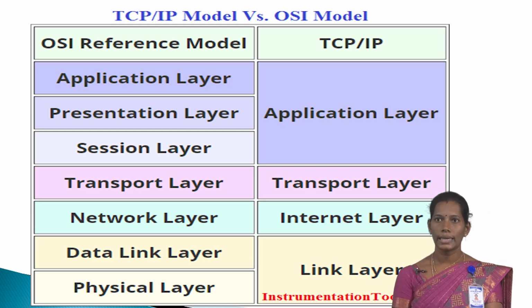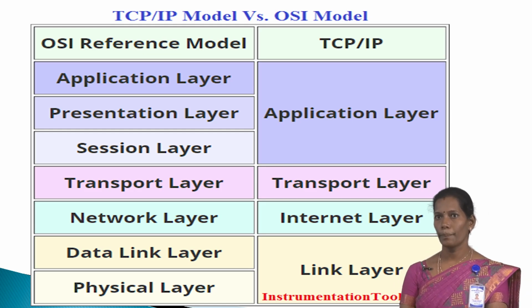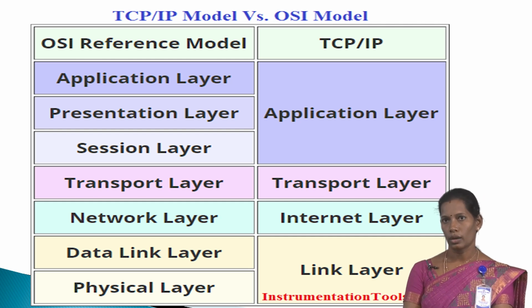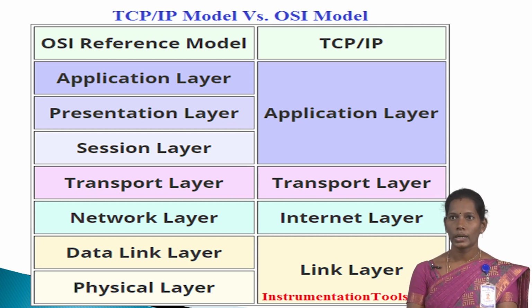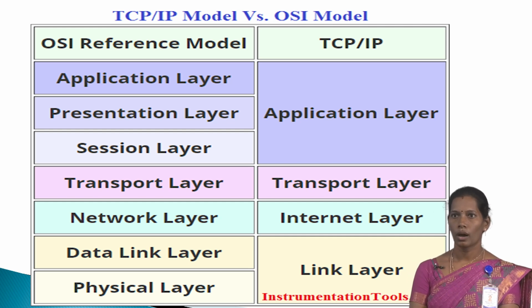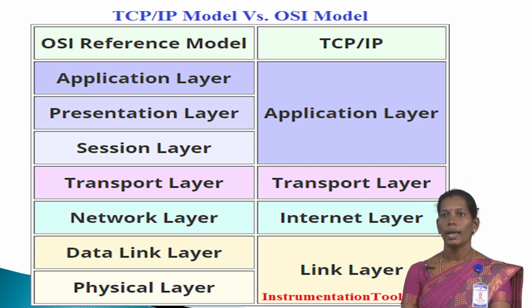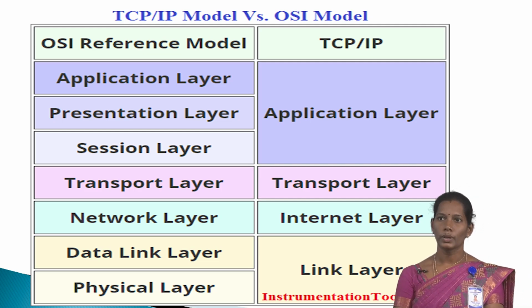Next one is ICMP protocol. ICMP stands for Internet Control Message Protocol. It is a mechanism used by the host or router to send notification regarding datagram problems back to the sender. A datagram travels from router to router until it reaches its destination.